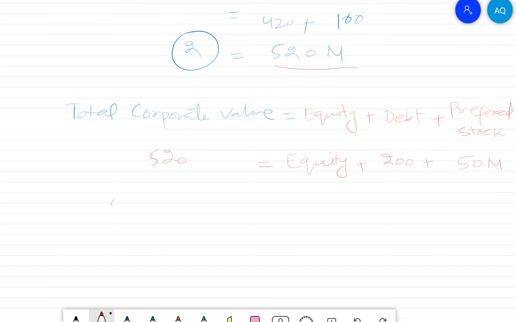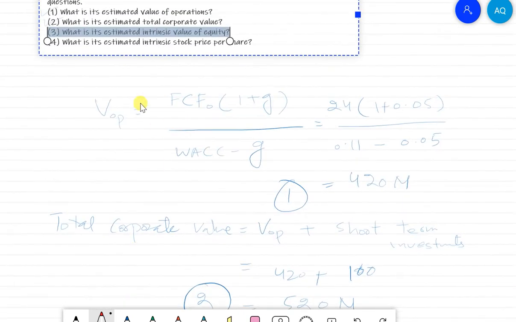Bring all of these on the other side, and we will have equity equal to 270 million. So this is the intrinsic value of equity.